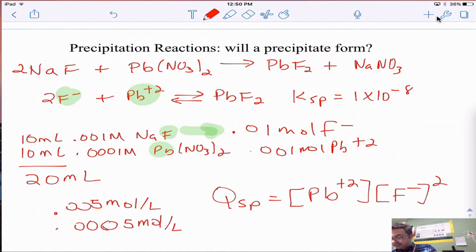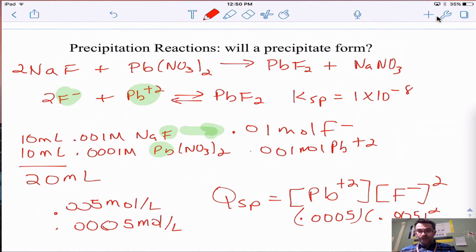For Pb it is 0.0005, and for my F⁻ it is 0.005 squared. Now let's calculate this.